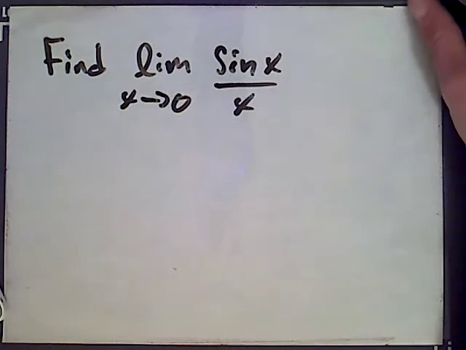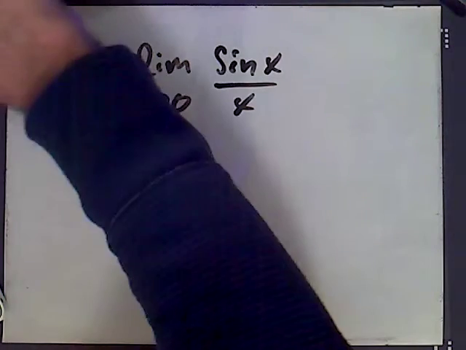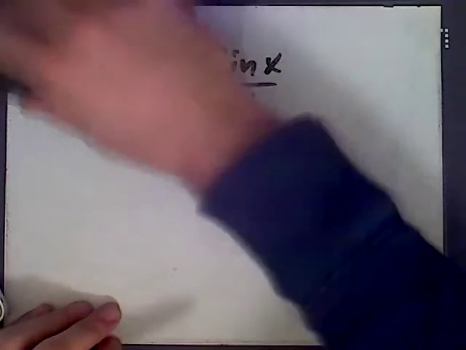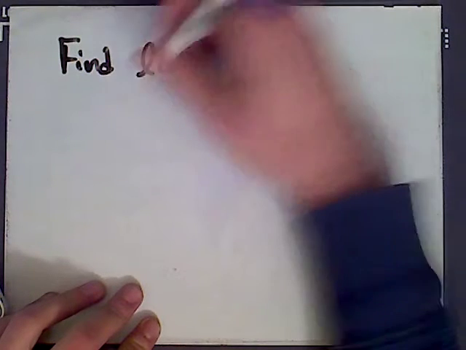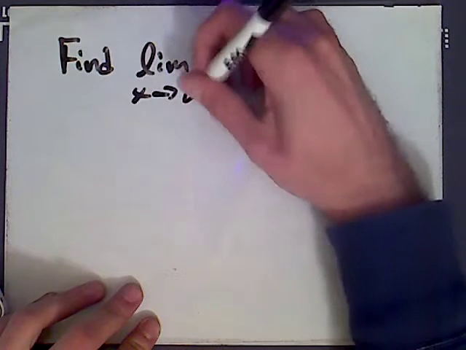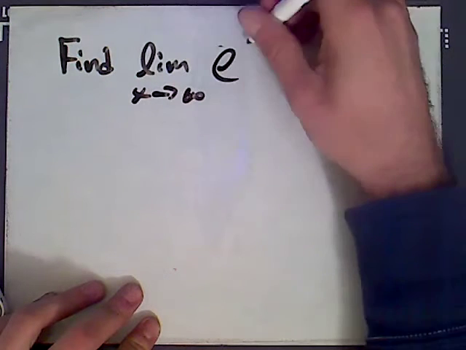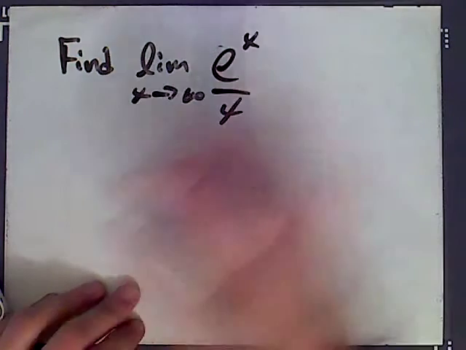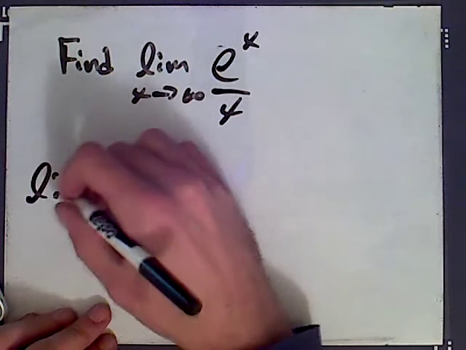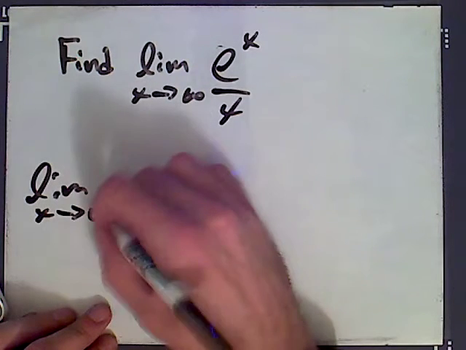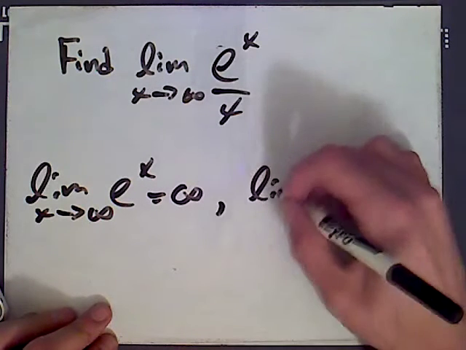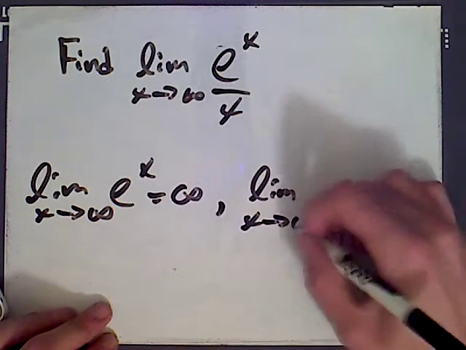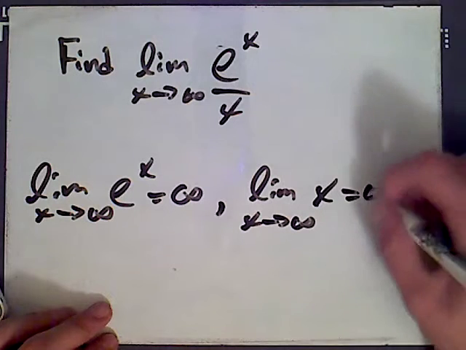So before getting to L'Hopital's rule, let me give you one other example of where this might come up. Suppose you were asked to find the limit as x goes to infinity of e to the power of x divided by x. Again, we see here that the limit as x goes to infinity of e to the x is infinity, and the limit as x goes to infinity of x is also infinity.